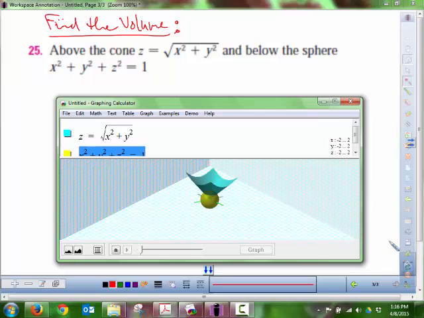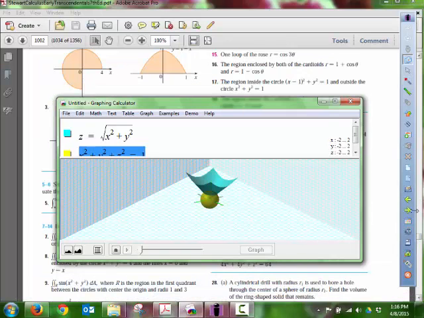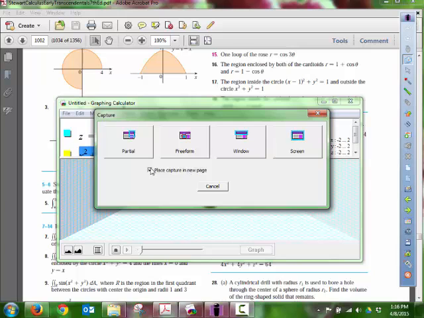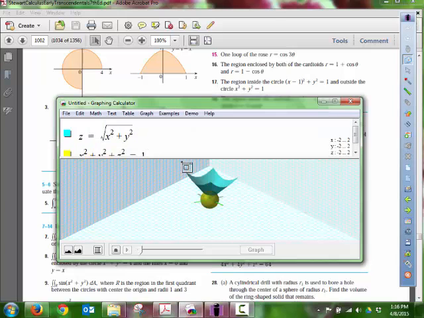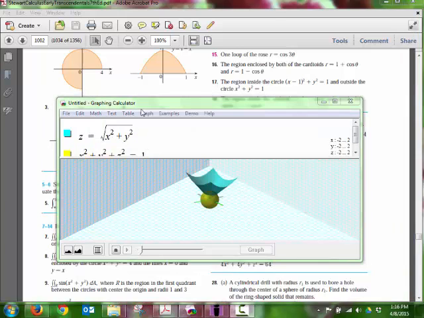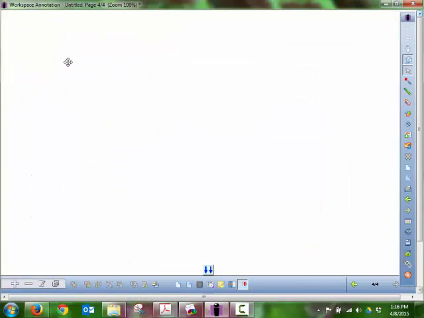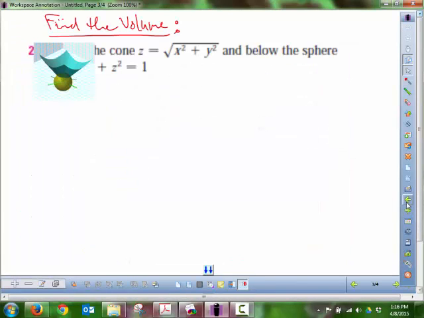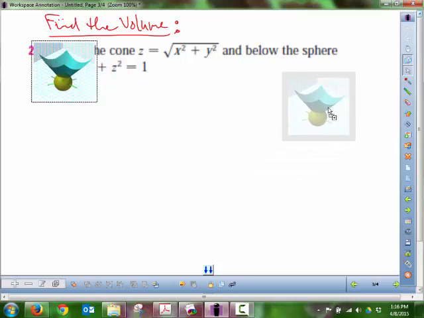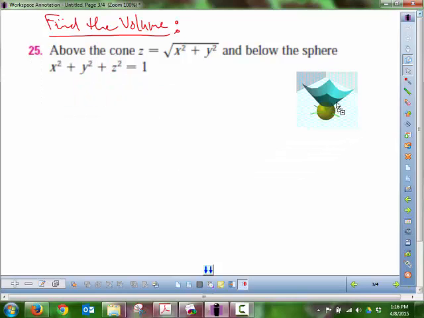So instead of using this program, maybe I'll see if I can just draw it. Because if I'm drawing this, I'm looking at the whole sphere.